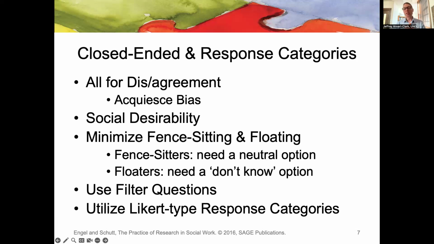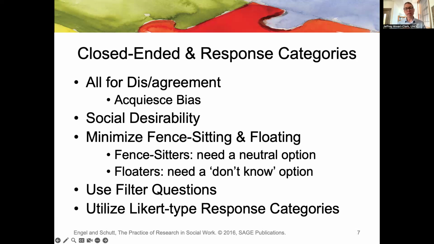You would say a scale of 1 to 6, from 1 horrible to 6 wonderful. Then you've got these floaters where they say, I don't know. But there actually can be some information in that. So we want to minimize the number of questions that have a don't know option, an opt out option, or a neutral middle option.